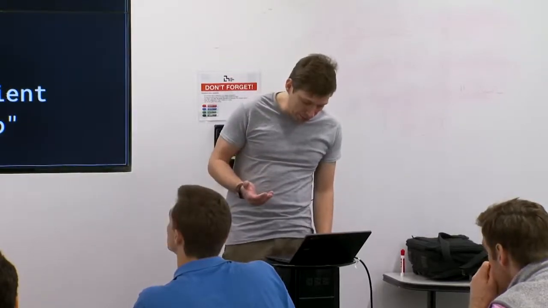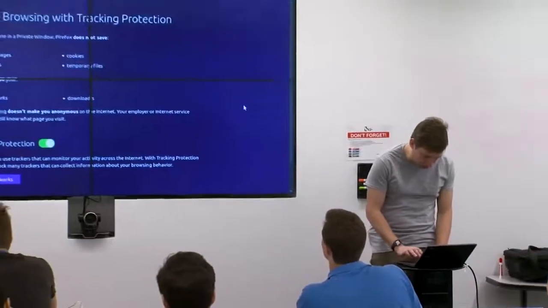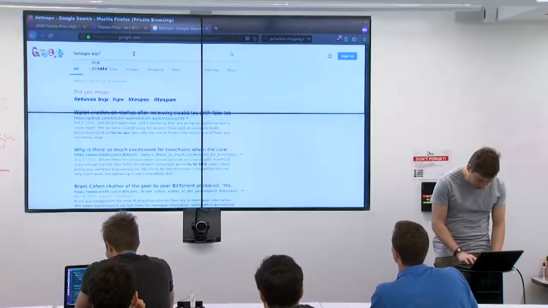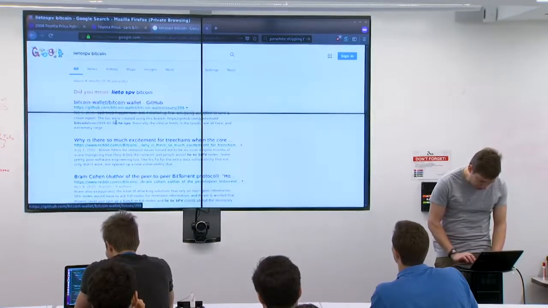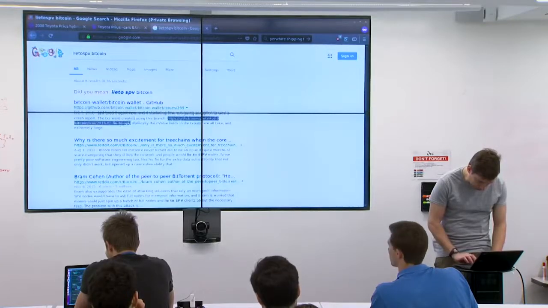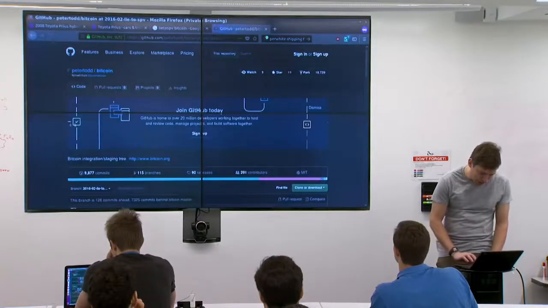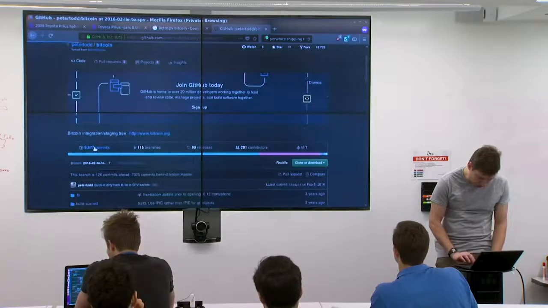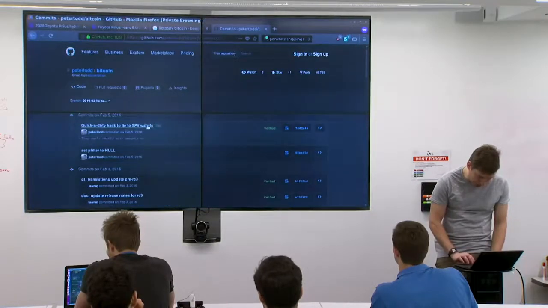There's a branch that Peter Todd made called lie2SPV. It's a quick and dirty hack to lie to SPV wallets.